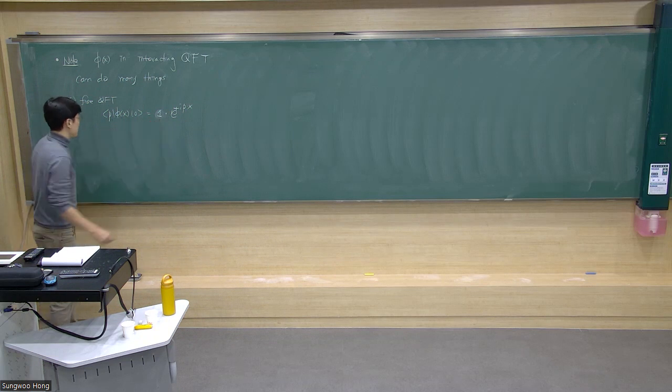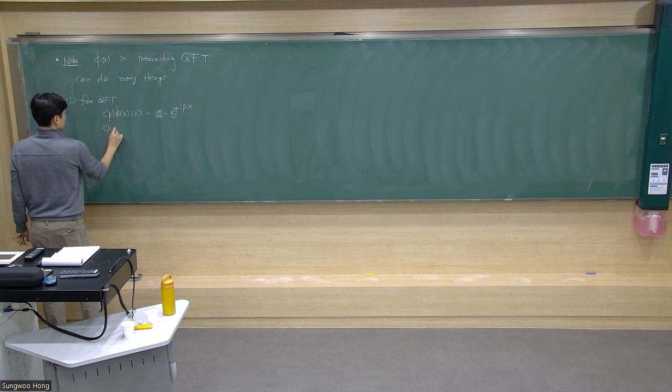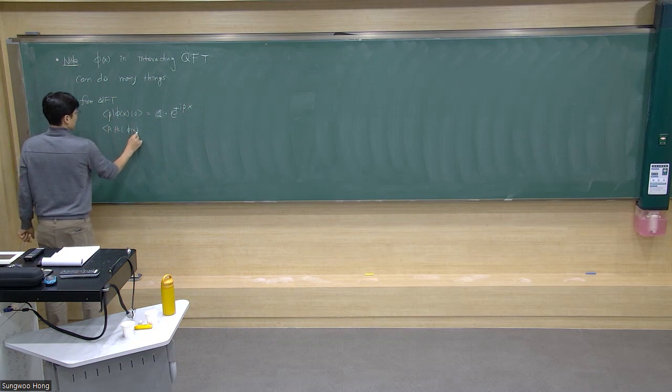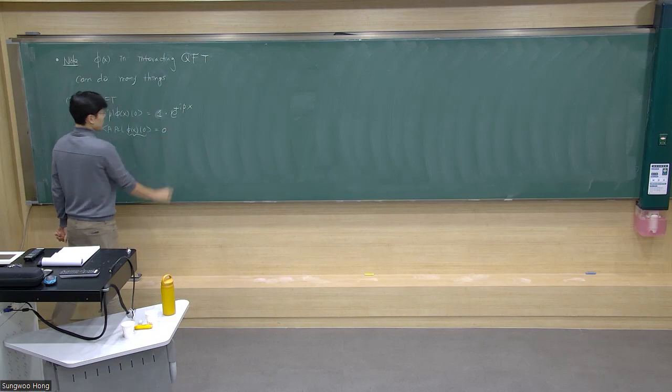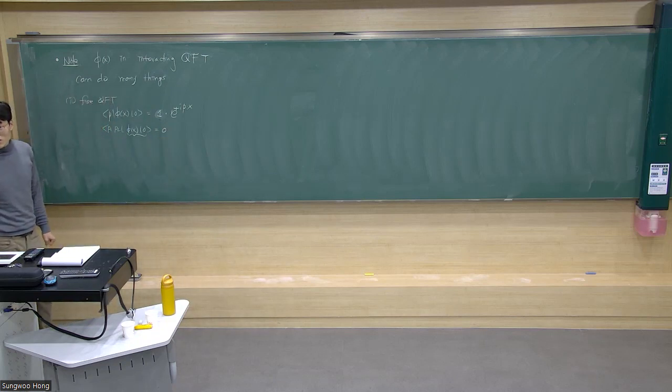In other words, if you ask yourself, can my field operator, I love this guy, please produce a 2-particle state? The answer is no. I will not do it. So that's what a free QFT does.